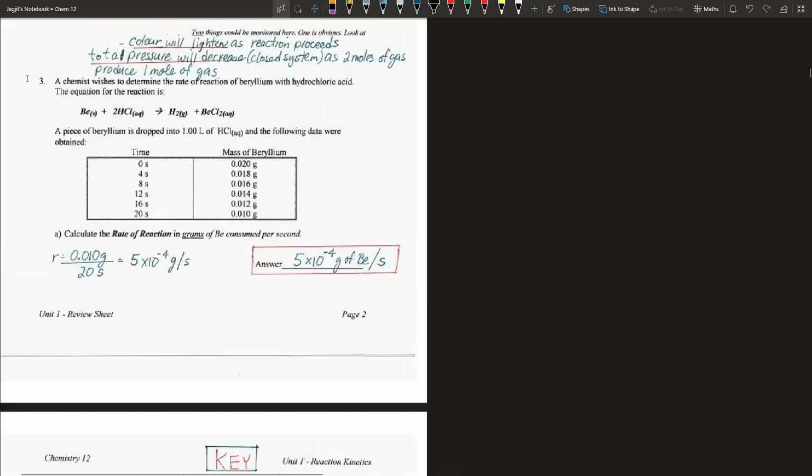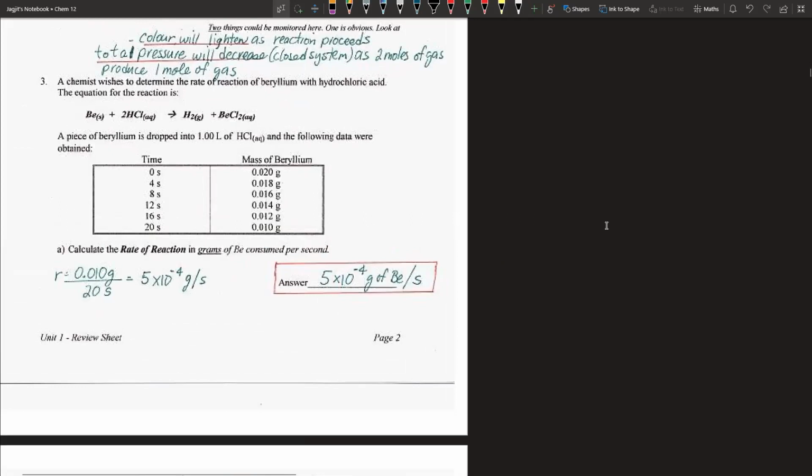Now, this is a very typical question. Look at question number 3 on your screen. This is a very typical question that you can get on the test. They've given you this equation where Be solid plus 2HCl became H2 gas plus BeCl2 aqueous. The question says a piece of beryllium, Be, is dropped into 1 liter HCl, and the following data was obtained.